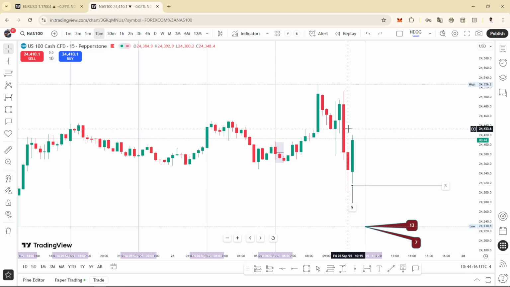This is taking longer than I expected. I don't like 15 minute candles. This is what I do, guys. When I'm scalping, I predict what the next candle would do, and then I enter and wait for it to do what I want it to do.